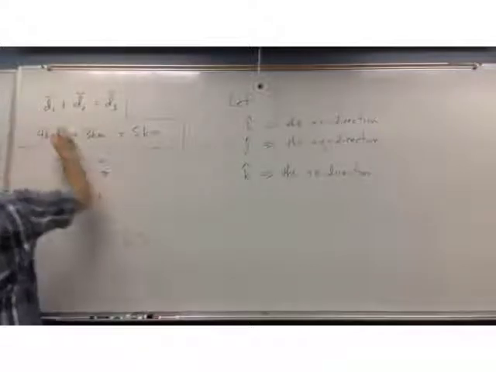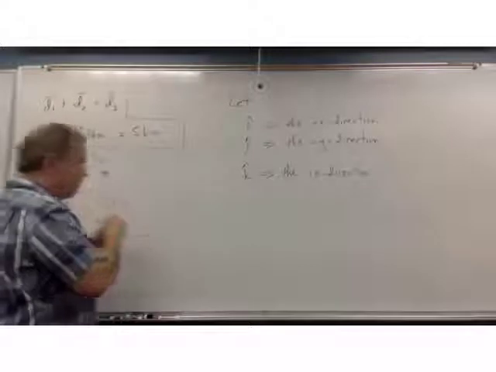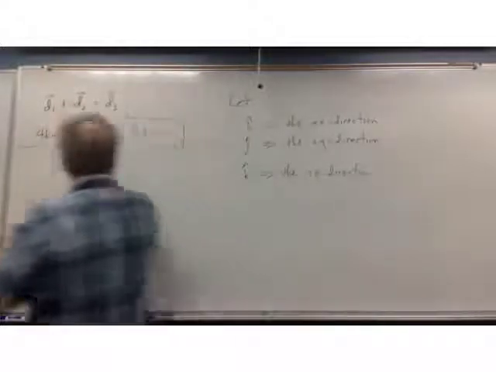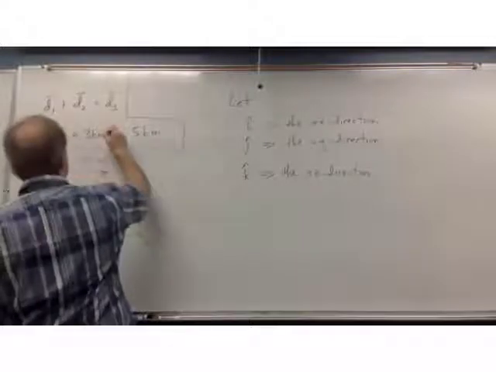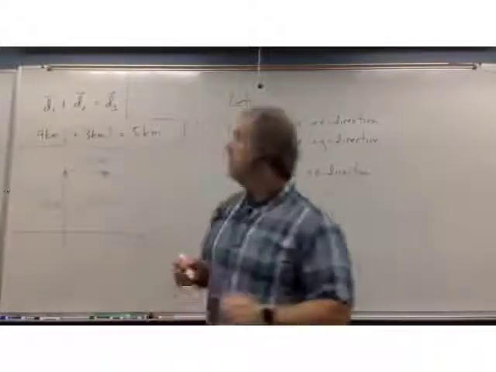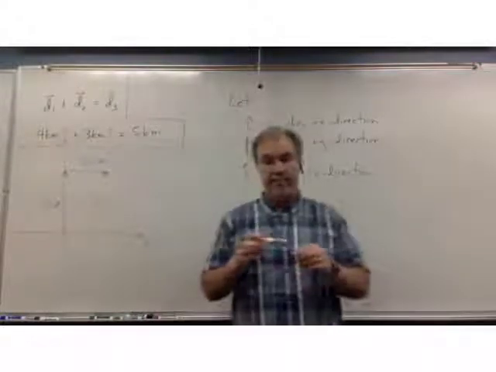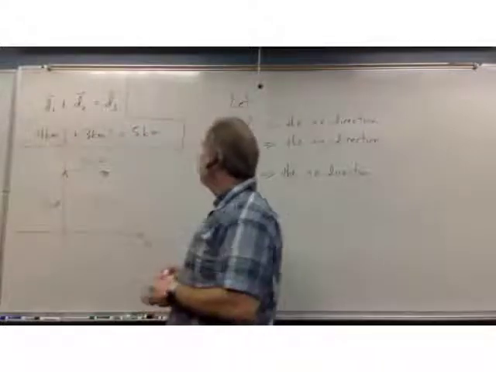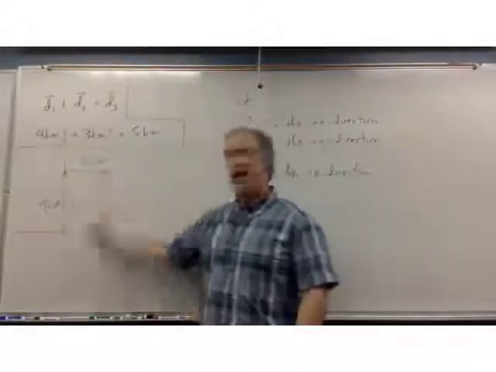So what I'm going to do is write 4 kilometers times j hat. This is actually a multiplication. Okay. And the 3 kilometers is in the x direction, so I will multiply this, attach to it an i hat.